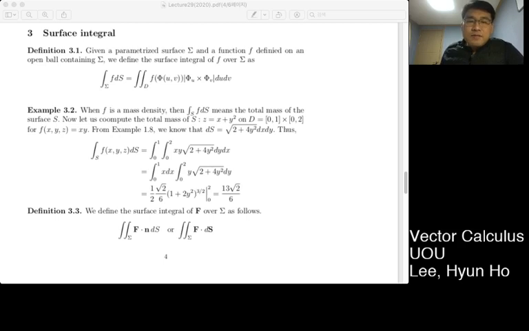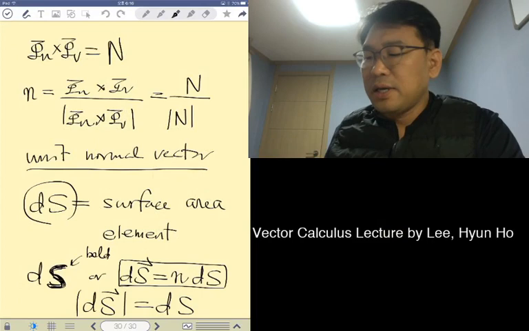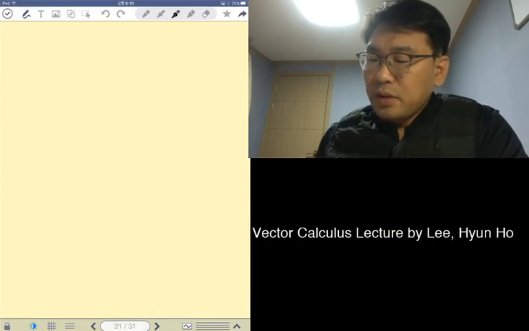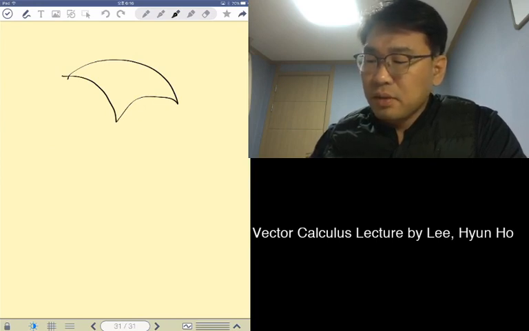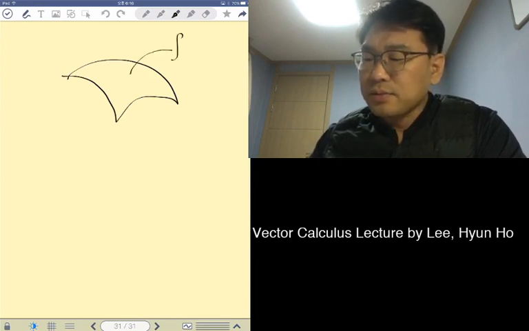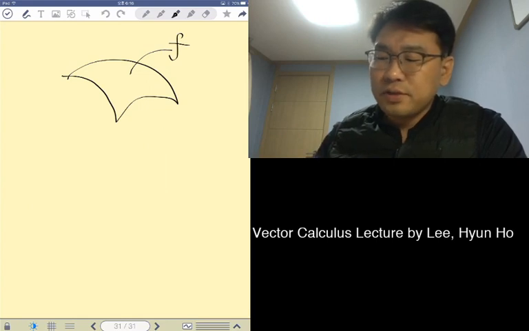What is the definition of the surface integral of the function f over sigma? Let's move to the two-dimensional case and think about the picture. Here we have this function defined on the surface sigma.